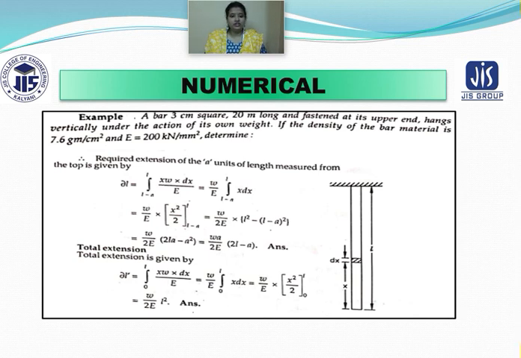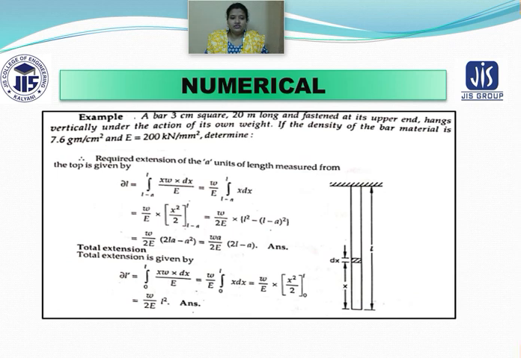Initially, for the required extension, I am considering a unit length as a. Under the length, if you measure from there, the change in length is L minus a, and you are considering the weight also.